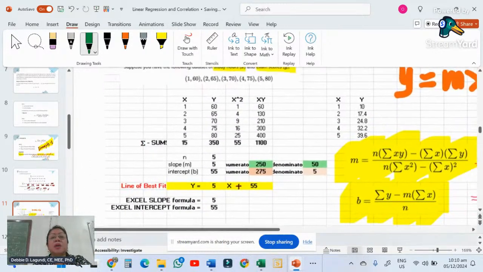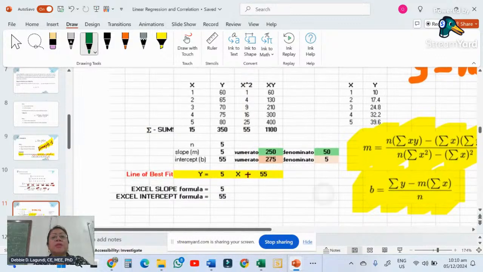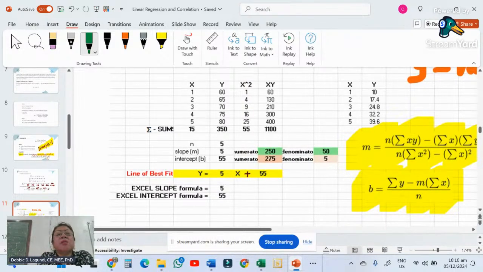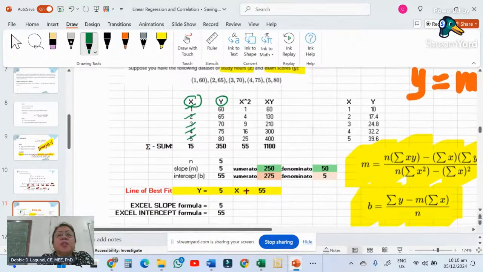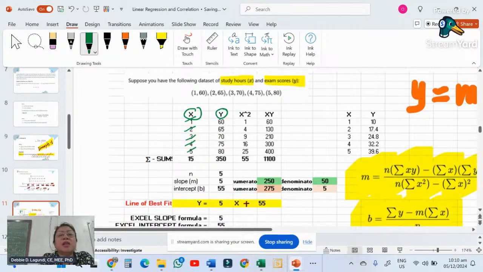Right, so our x's from a while ago are 1, 2, 3, 4, 5, as you can see here. I inputted that and just labeled it x. I labeled the other y, and I just inputted the values. The 60, like you can see in here, is 60 over there. 1 is to 60, 2 is to 65, 3 is 70, 4 is 75, and 5 is 80.